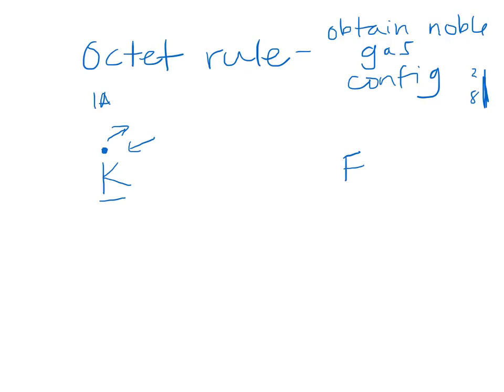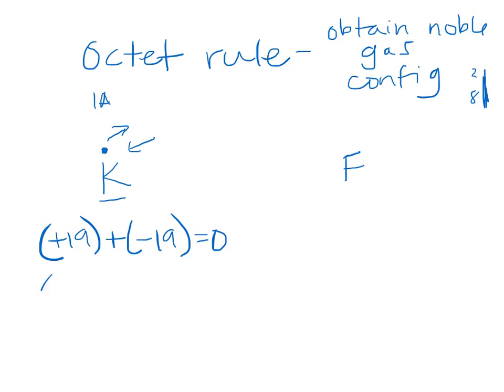So what ends up happening though when potassium loses this 1 electron is that it has a charge to it. Because right now potassium normally has 19 protons and 19 electrons. And of course positive 19 plus negative 19 is 0. So normally potassium is neutral.